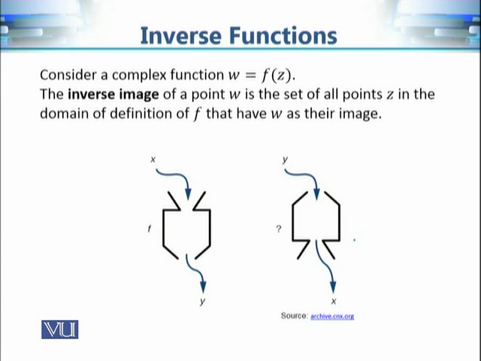Now the next question is, we know that a function is a procedure that takes z as input and gives us w as output. So it's a kind of box that processes this z and gives us the output w. Now the question is, can we find the reverse procedure of this process?